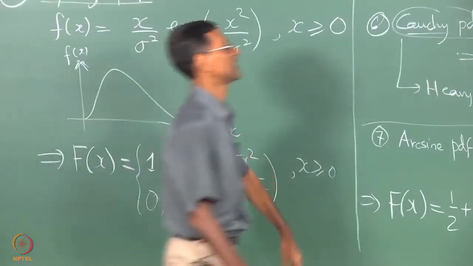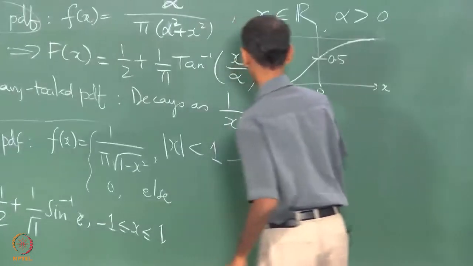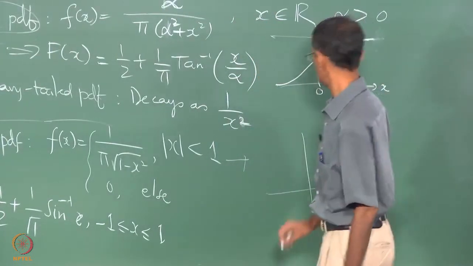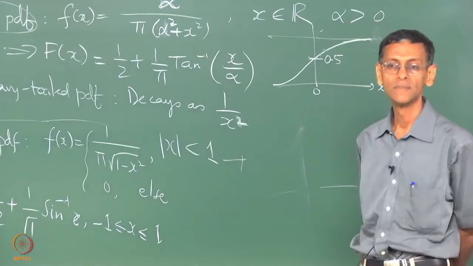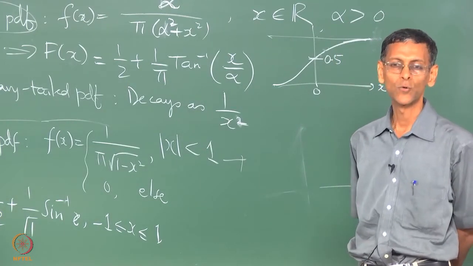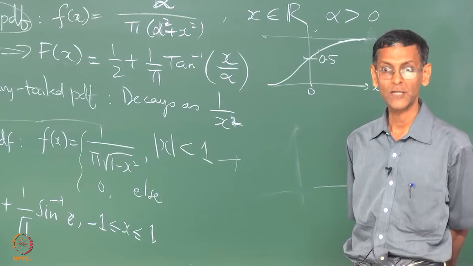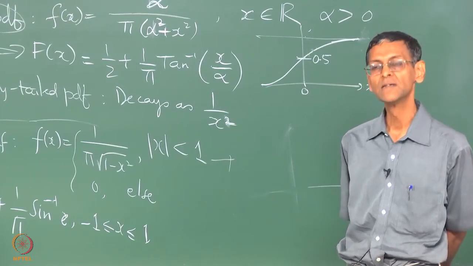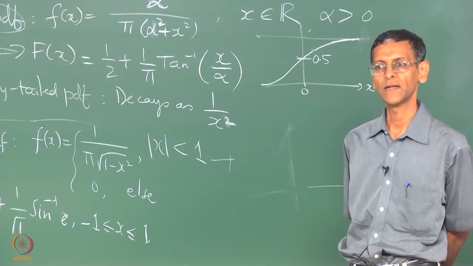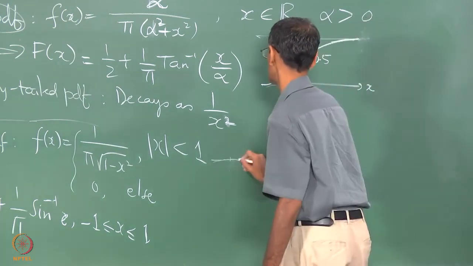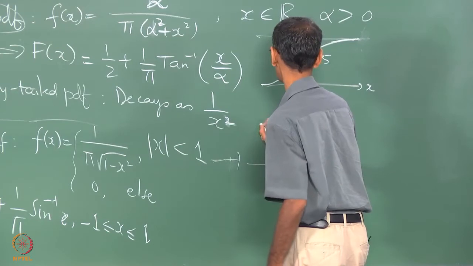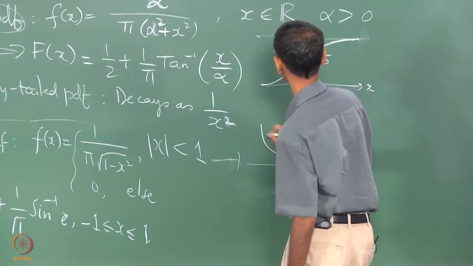So what is this? Just sketch these things. So this as a sketch will look like what? Is the PDF bounded? The answer is no, it is not bounded. The PDF can go up to infinity at x equal to minus 1 and plus 1, but that does not prevent it from being integrable, having finite area. So this thing looks like this.